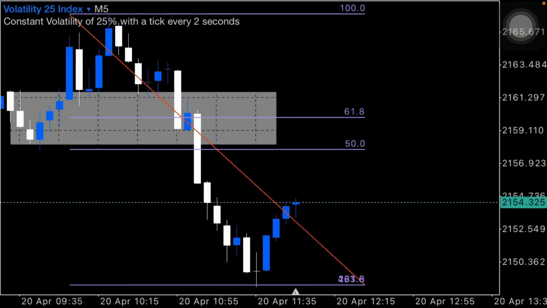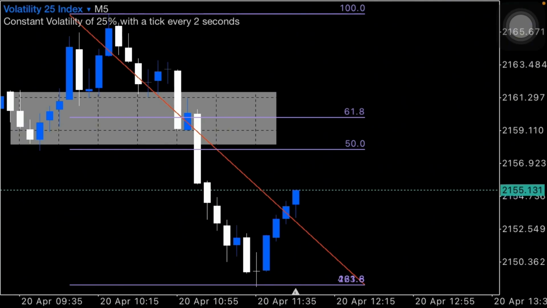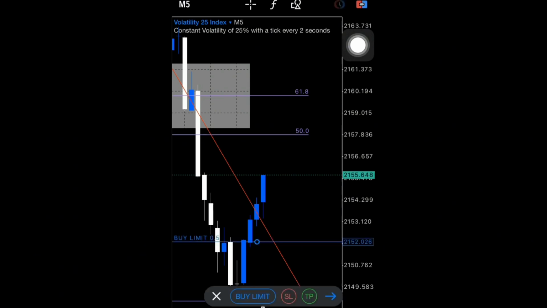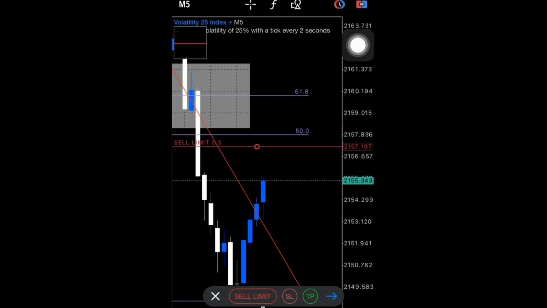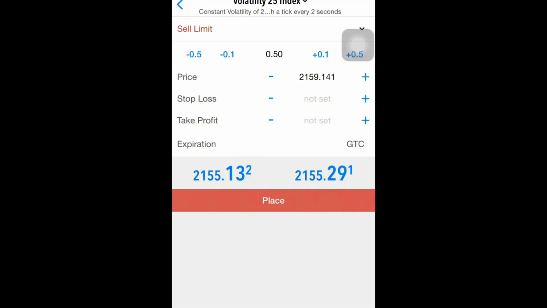Okay, so in order for me to use the pending order tool, I need to switch to portrait mode like this. I'll click on it like this, then I'll drag the line to position it just at the tip of the order block, but I'm going to use a lot size of 2.